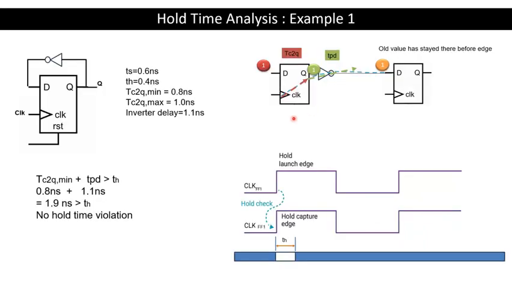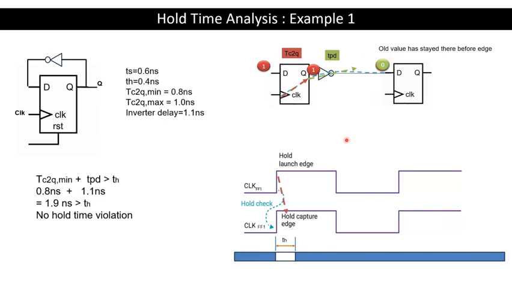Let's look at the example using the same circuit. So say this flip-flop launches the signal 1 from D to Q, so this involves the TC to Q. And next going through the inverter and overriding the old value of the D input here.